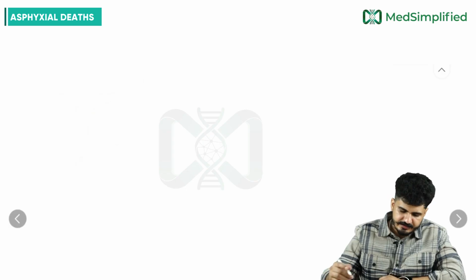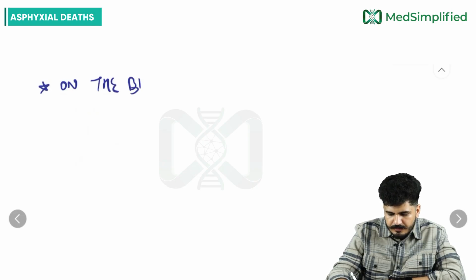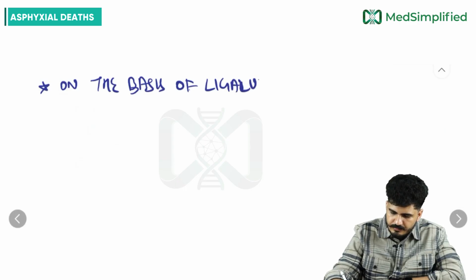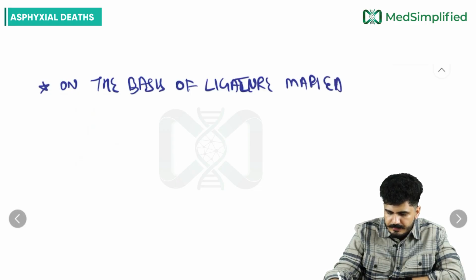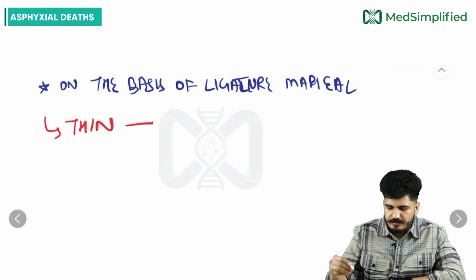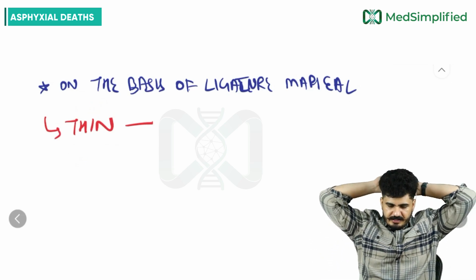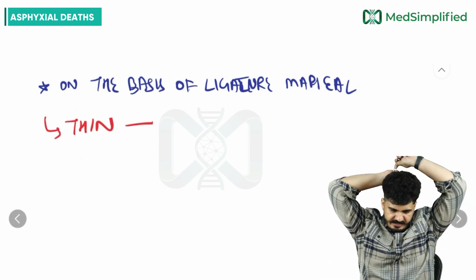Now, another is on the basis of ligature material. You can write right here, sir. On the basis of ligature material. Sir, if ligature material is thin, you will see the deep mark will be there. The marking will be very, very deep.